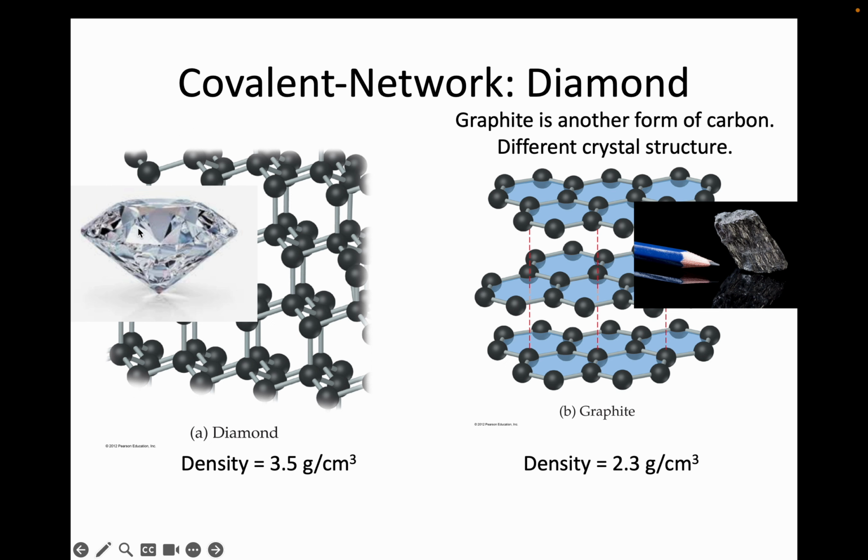Diamond would be a covalent network, whereas graphite, because it has these sheet structures, is quite different. A pencil is something that as you apply pressure, it breaks off into these particular sheets, and that's certainly different than the properties of a diamond. The density I list here is also different. So density is not the property of the atom itself. It relates back to the arrangement of those atoms together, because after all, carbon as diamond and carbon as graphite have different densities.